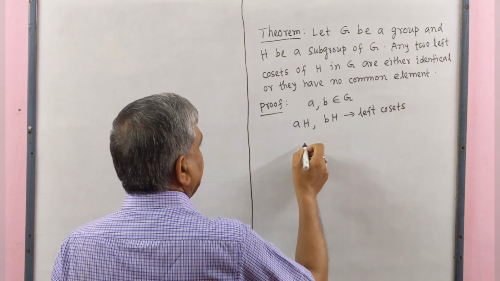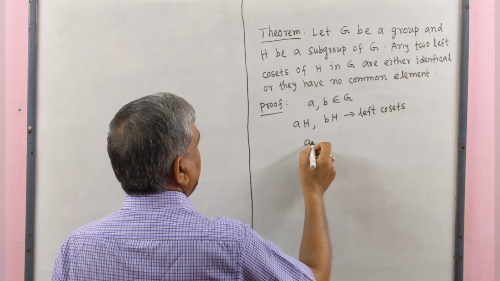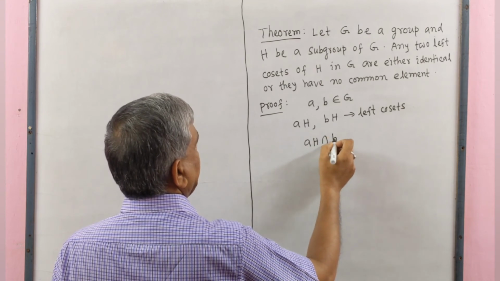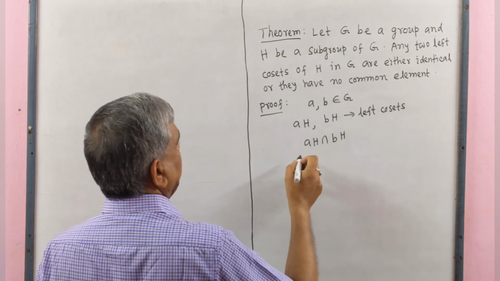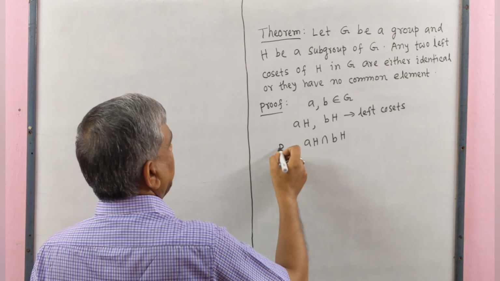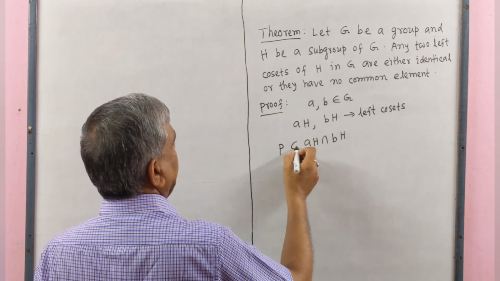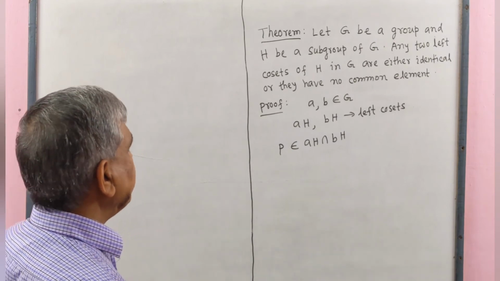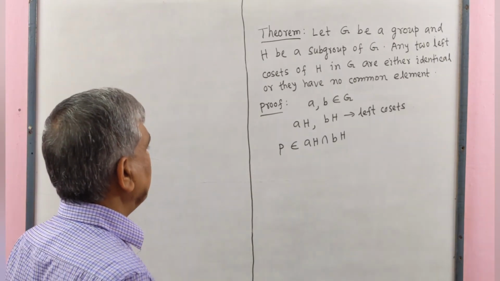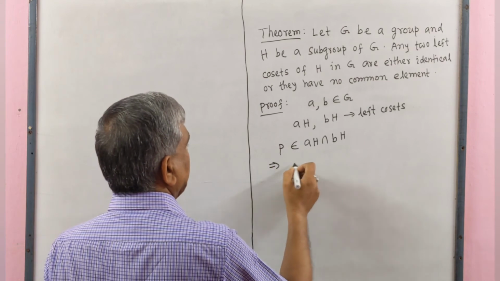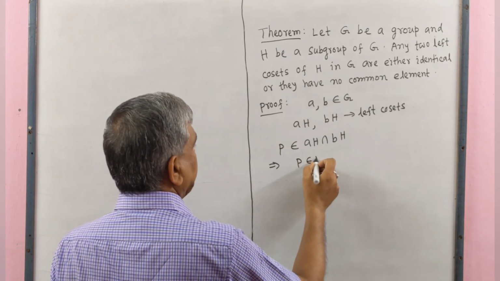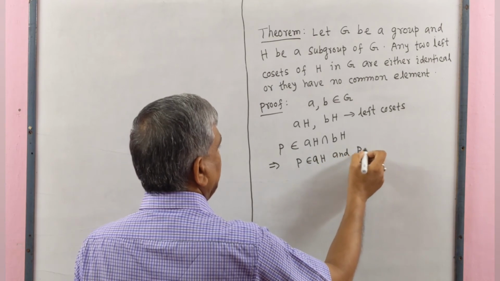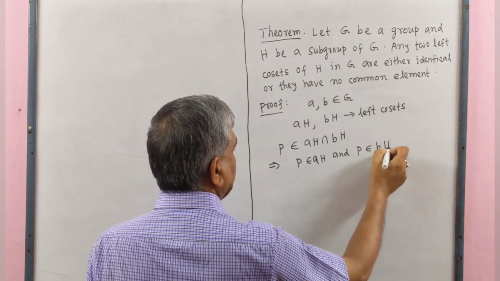If possible, let aH intersect bH be non-empty. That means there exists an element p belongs to aH intersect bH. Implies that p belongs to aH and p belongs to bH.